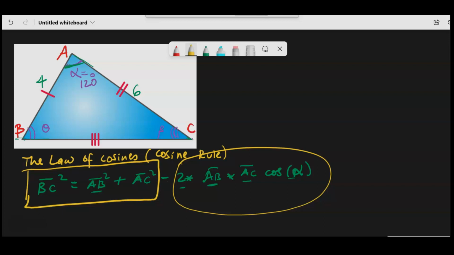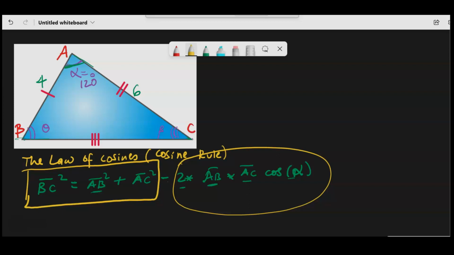So that is the law of cosines. We have the Pythagoras theorem, and then we add this part into our law of cosines, or cosine rule. So we can simply remember it using these two concepts. All right, so that's one way to remember the law of cosines.